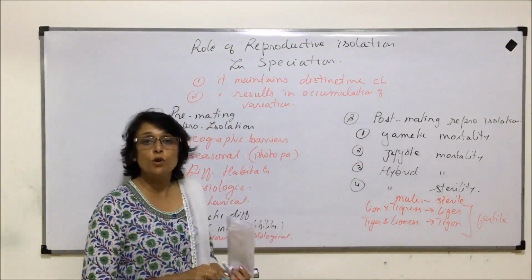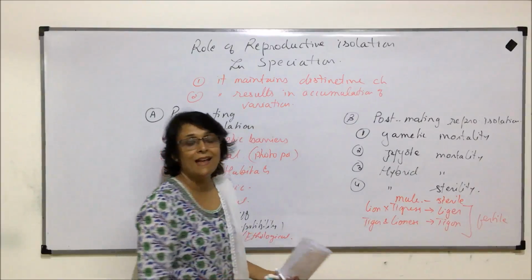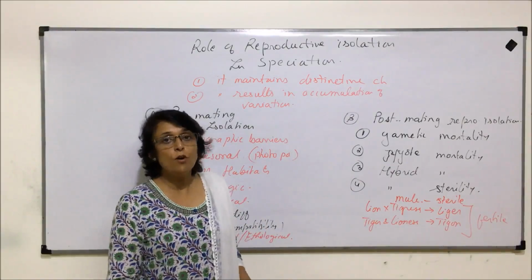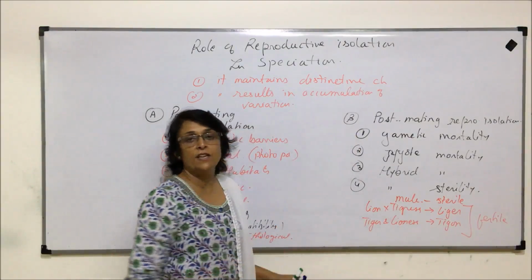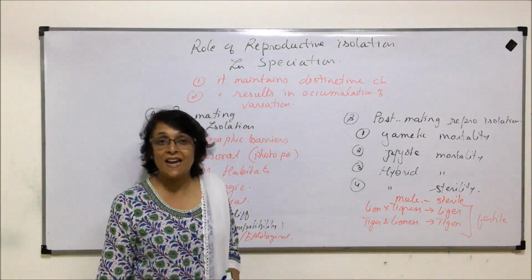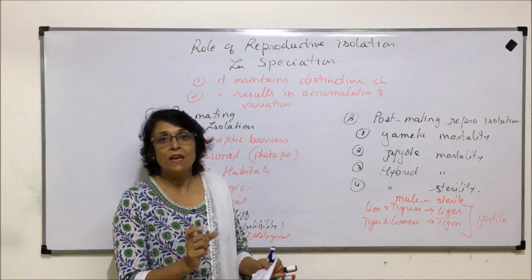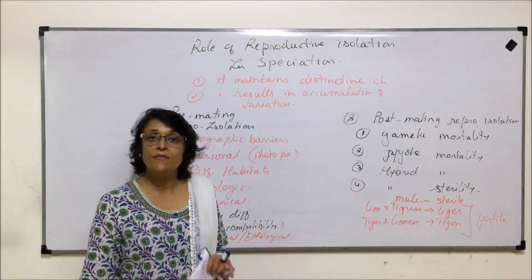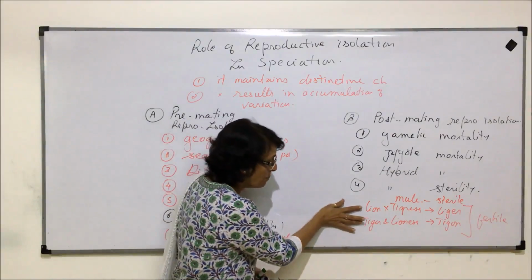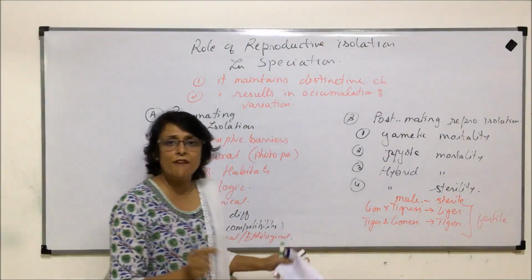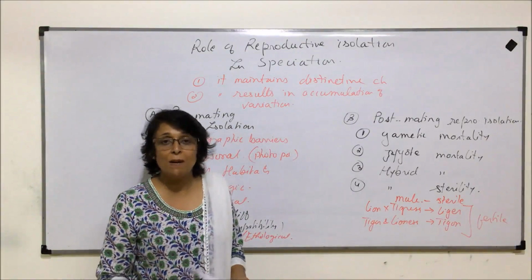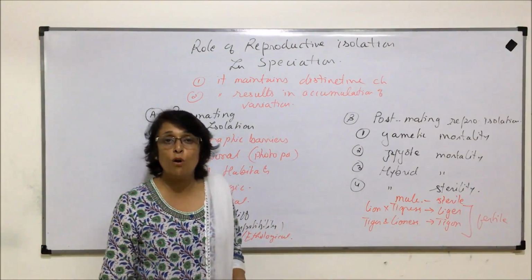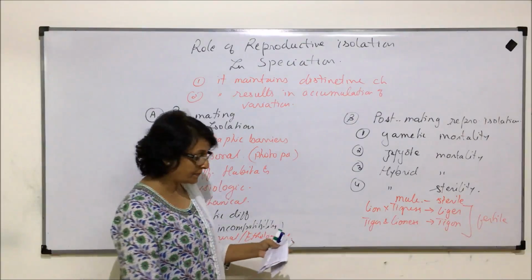And one reason could be that tigers and lions are very, very closely related species. We know that for gamete identification, there are chemicals like fertilizing and anti-fertilizing, which need to be identified, and they can be identified only when they are coming from the same species. So maybe these two have very close types of chemical compounds and they identify each other, and that is why the hybrids which are born are fertile.